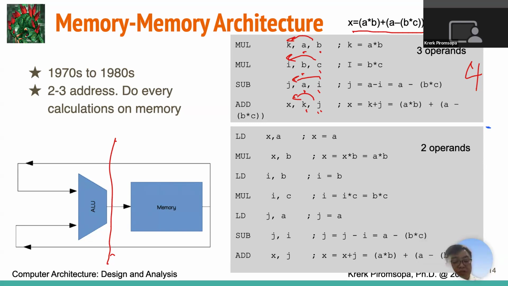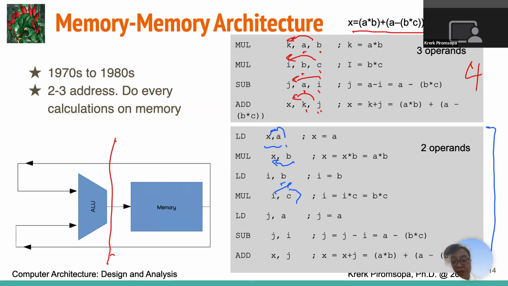This is similar, but in this case, the instruction only supports 2 operands rather than 3. So you have to what? Load A, multiply it to, load B, multiply it to, right? Because you can only read one number at a time.